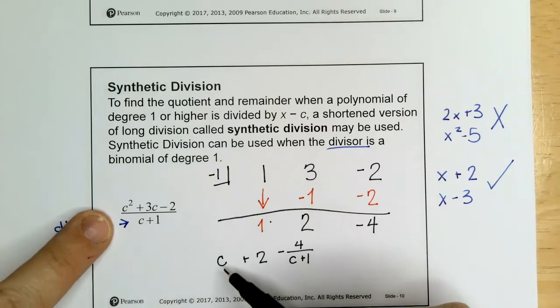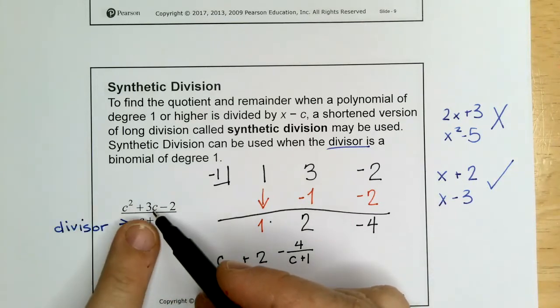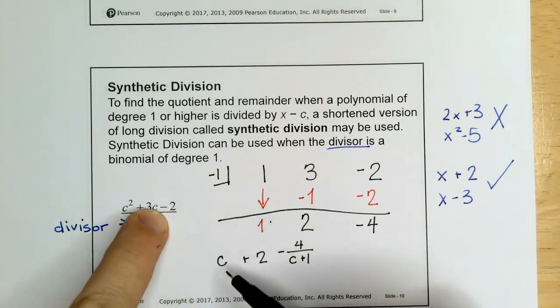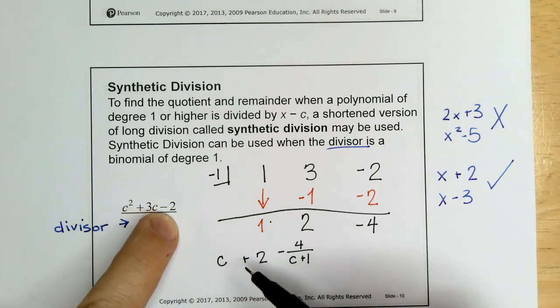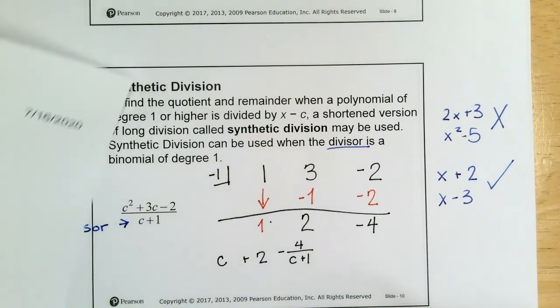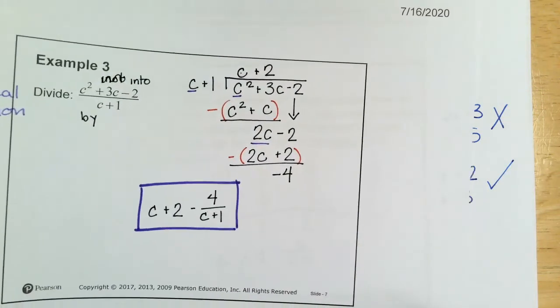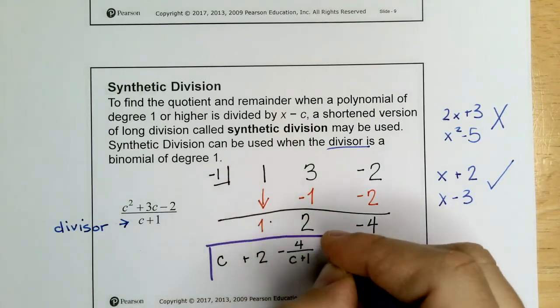Or you can add the c's in by subtracting 1 degree and just starting with the next degree. So I'm going to start with c, because this began with c squared. C plus 2 minus 4 over c plus 1. And that is the same as the answer we got here. So they give you the same answer.